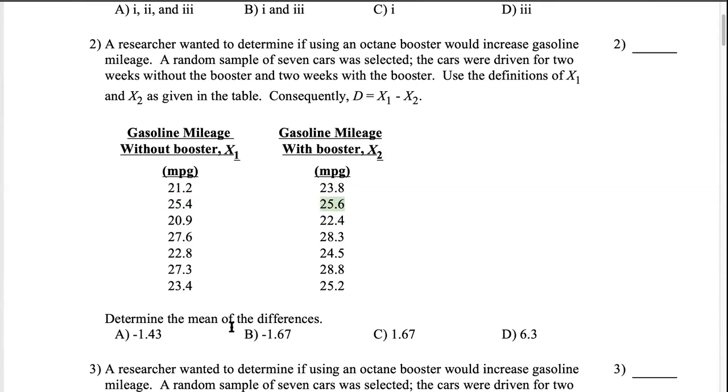How do we solve this question? Determine the mean of the difference, the average of the difference. In other words, we have to calculate the difference, so we write down another column here, the difference column. By the definition, X1 minus X2: 21.2 minus 23.8.